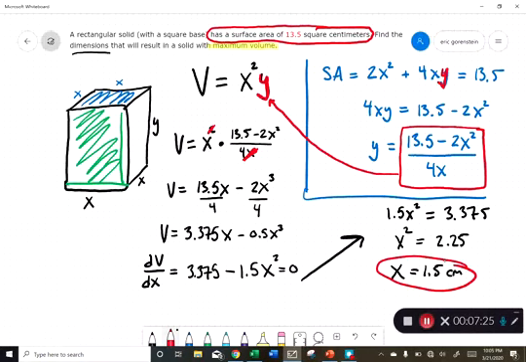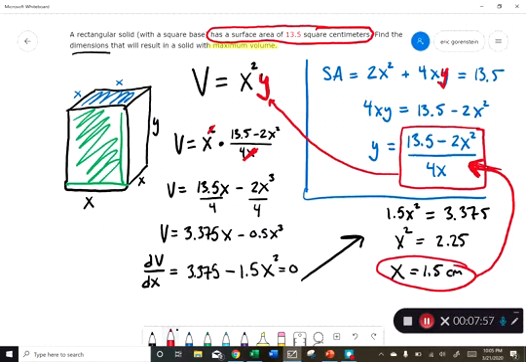Now we need all the dimensions. So we still need y. So we could take the 1.5, plug it in for x up here, and that will let us solve for y. And it actually turns out that when we plug 1.5 into this equation up here, y is also equal to 1.5.